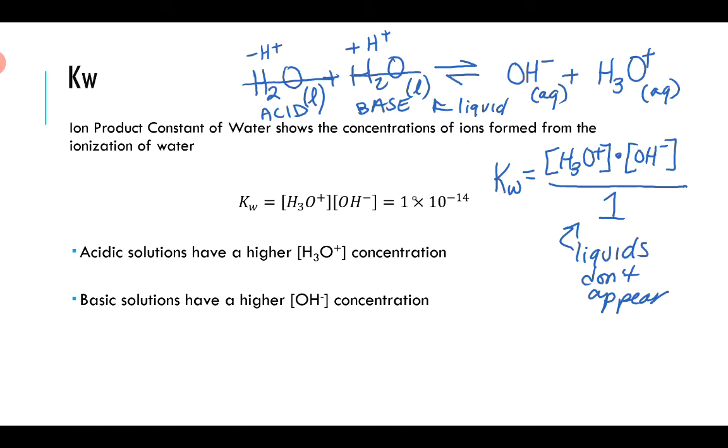Now our Kw is equal to the hydronium ion times the hydroxide ion, and the value for that equilibrium constant is 1 times 10 to the minus 14th. This is a very small K. That means we have mostly H2O molecules and a very small amount of products.